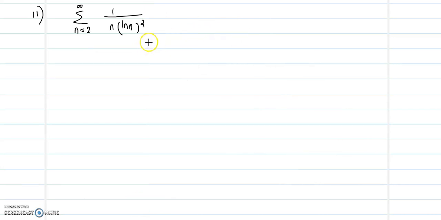Next one, we need to check the convergence of summation n equal to 2 to infinity 1 by n (log n) whole square. So we'll have f of x equal to 1 by x (log x) whole square. When x is equal to 1, log 1 in the denominator will be 0, so x cannot be equal to 1.